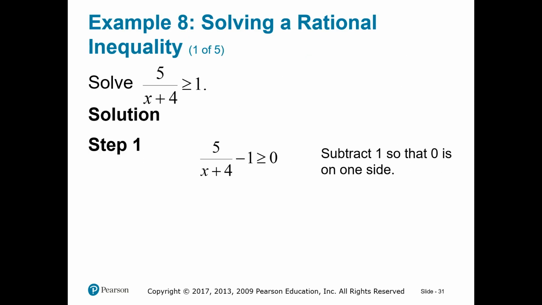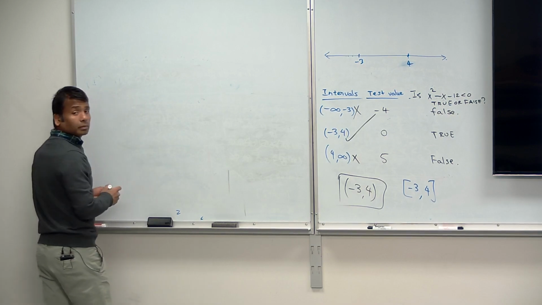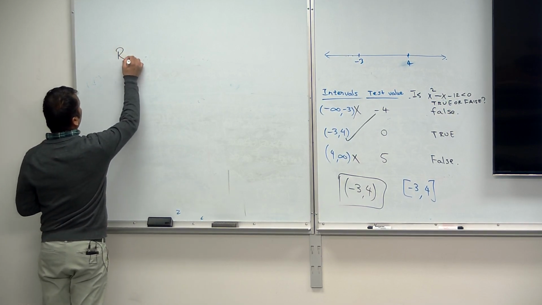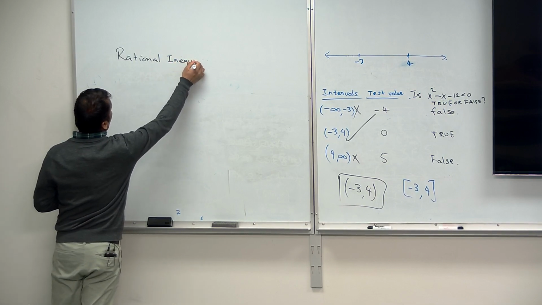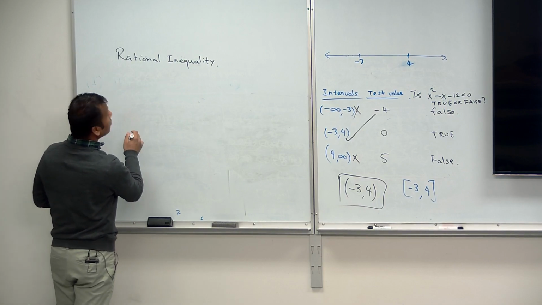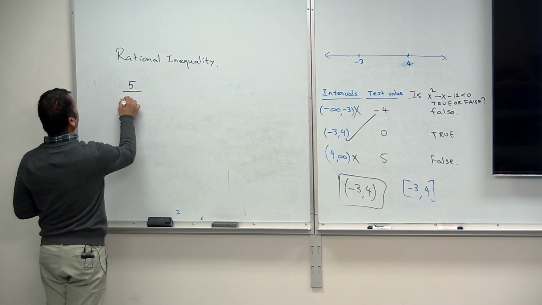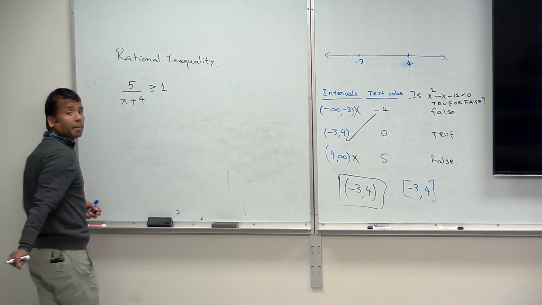So look here. If this is a rational inequality we are going to solve, you have 5 over x plus 4 is greater than or equal to 1.